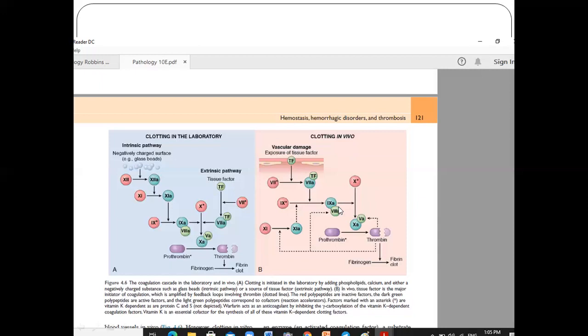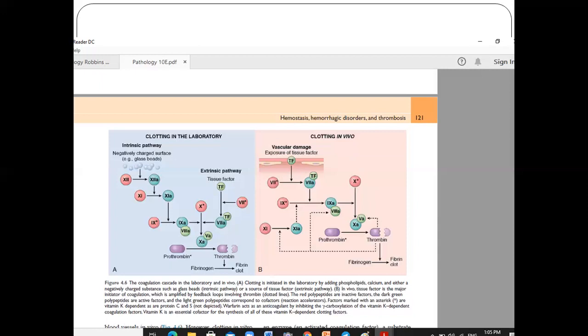Red polypeptides are inactive factors. The dark green polypeptides are active factors, and light green polypeptides correspond to cofactors, the reaction accelerators.